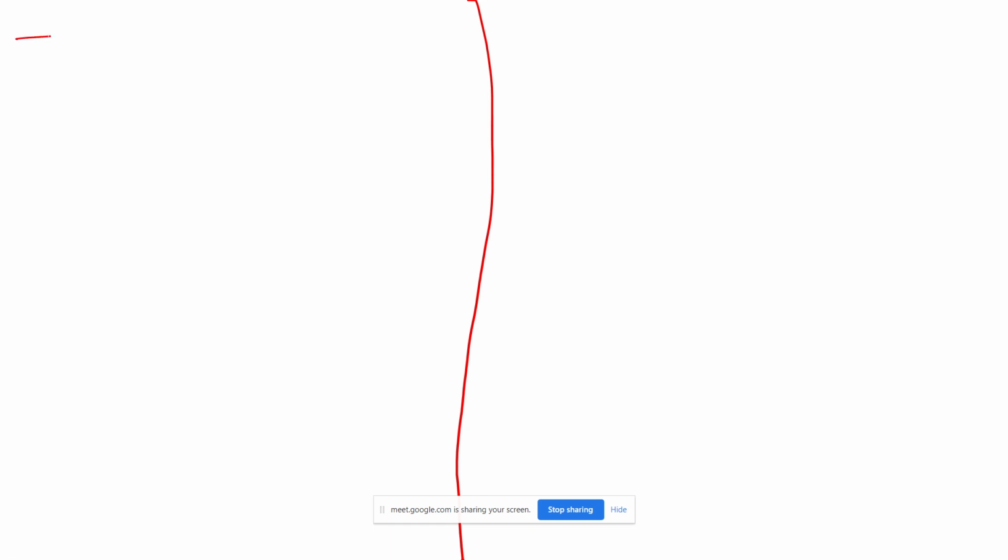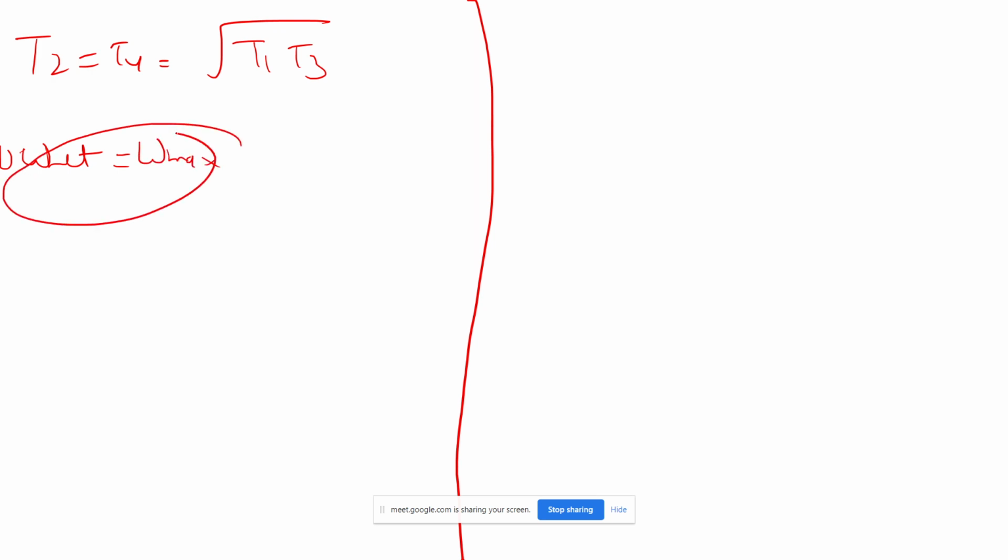Since we have got T2 equals T4 equals under root T1 T3, now we can write the network output, the maximum work output.